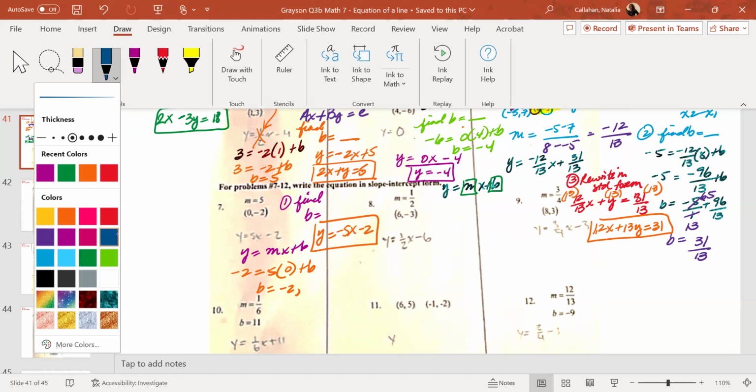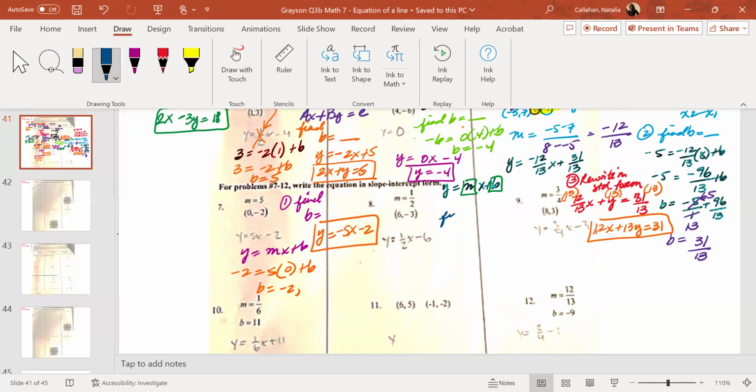Okay. Number 8, what do you need to find? What is your B? -6 is good. That looks good. Yep. That looks correct. Number 9. Let's see.